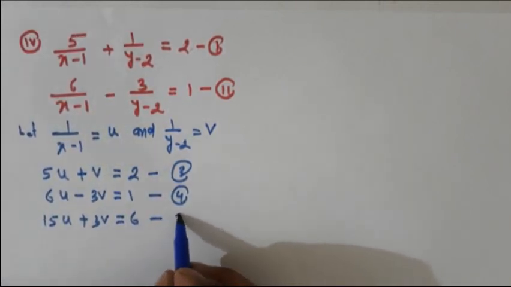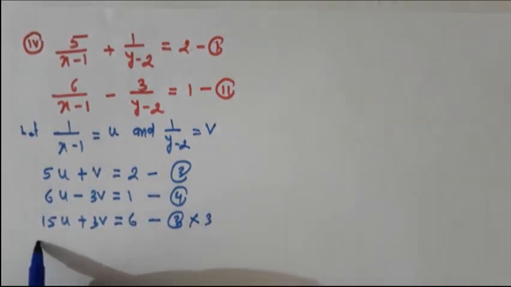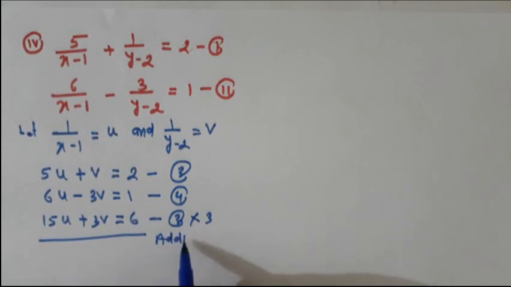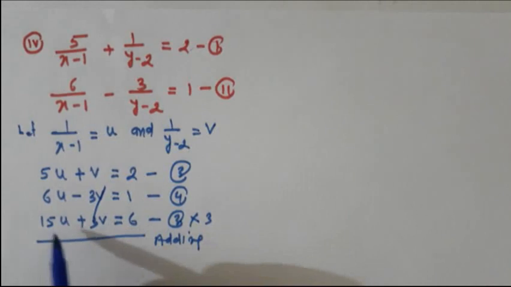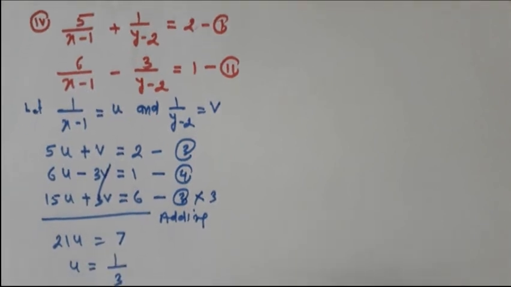That is equation number 3 multiplied by 3. Now adding, without changing the sign, this v is going to cancel. 15 plus 6 is 21u, and is equal to 7, then u is equal to 1 upon 3.